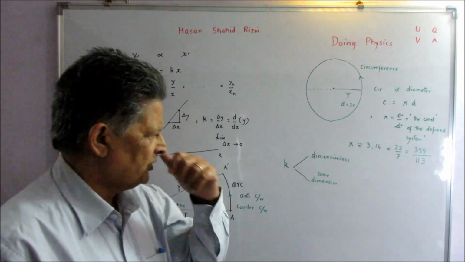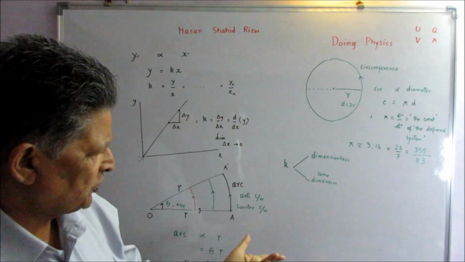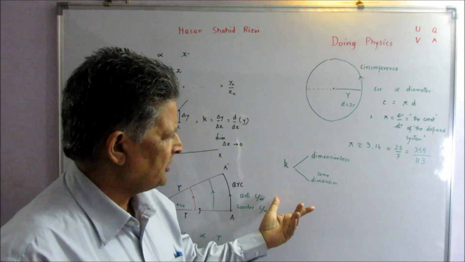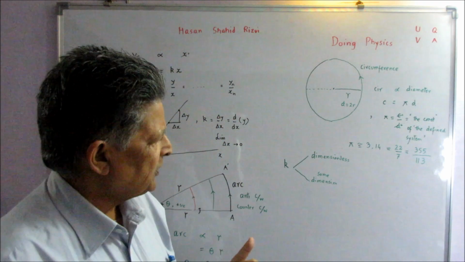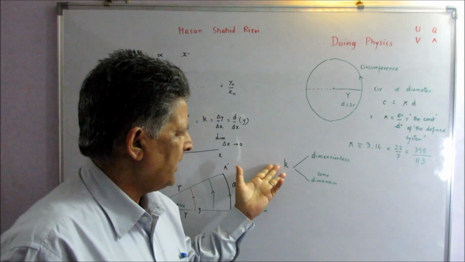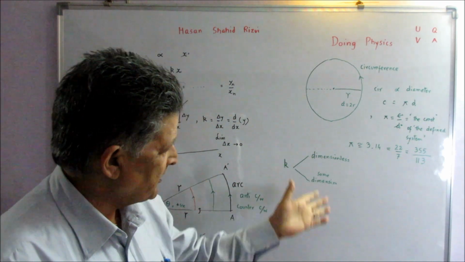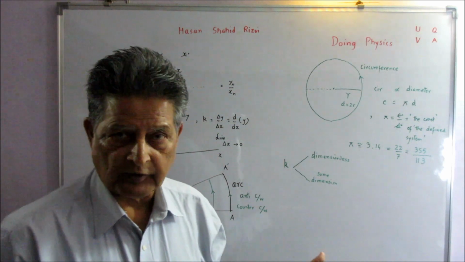There are many other things where there is so-called direct proportionality between the things, and the value of k may have a dimension, may not have a dimension, etc.